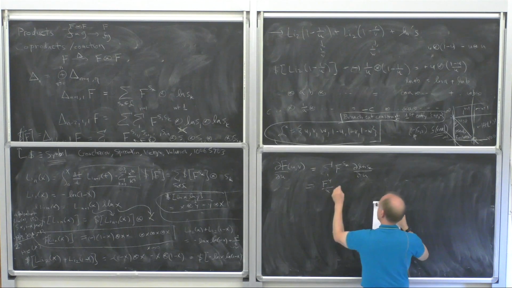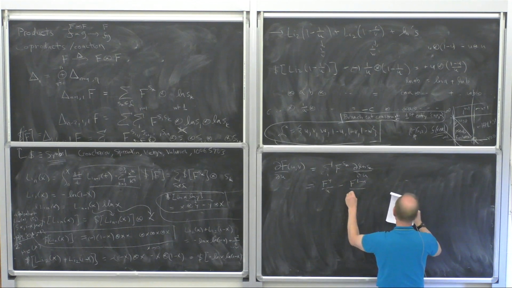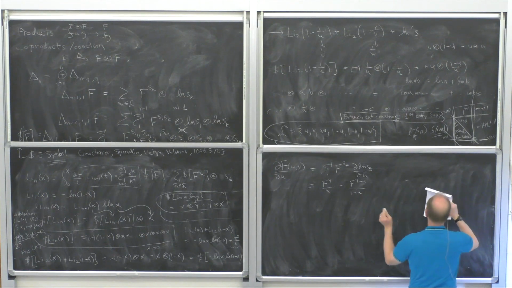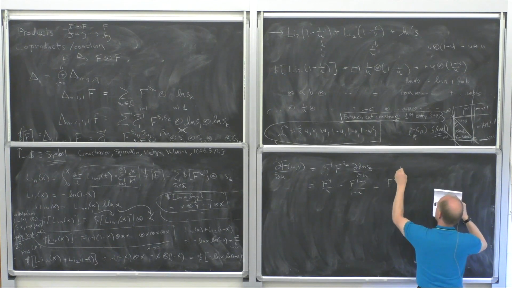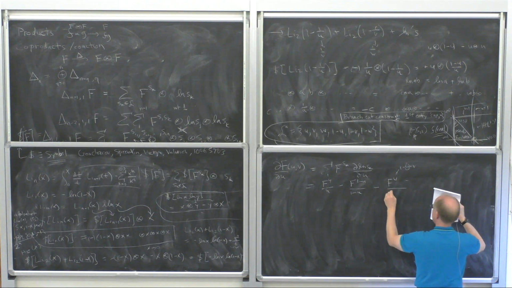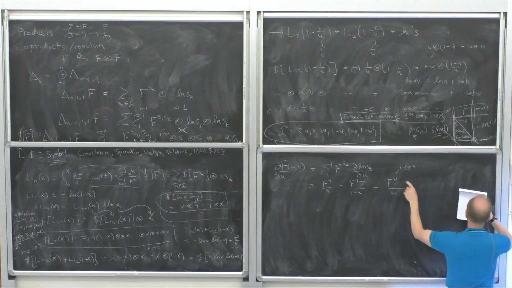That gives a 1 over u. And then the letter 1 minus u gives us a 1 over 1 minus u with the minus sign. And then there's the letter w, since this is 1 minus u minus v, it has a u in it that we can differentiate, and we get a 1 over 1 minus u minus v, which I'll just write as w again.